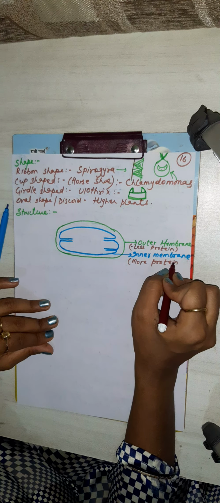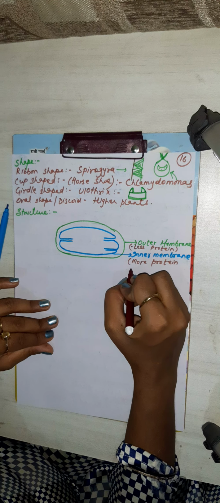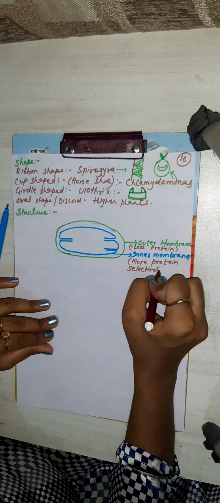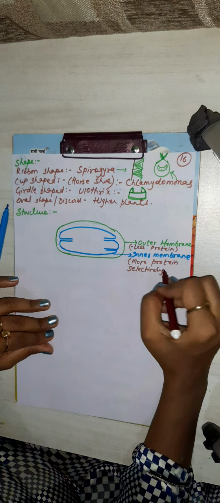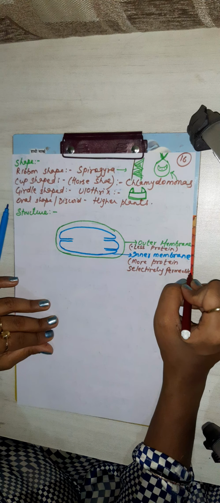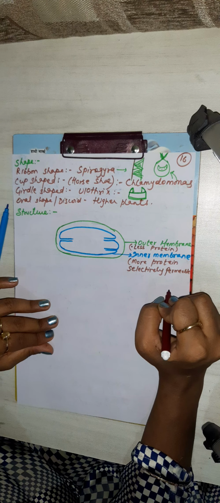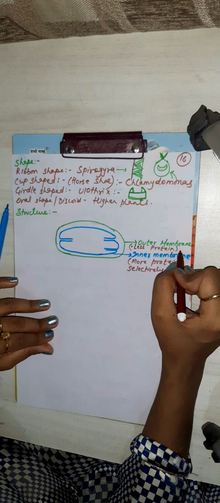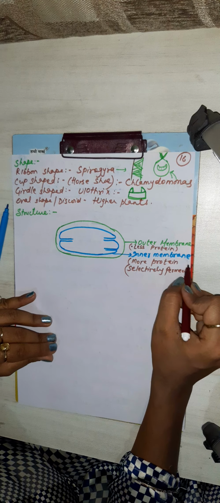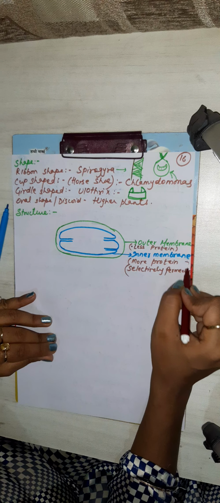Inner में ज़्यादा protein होता है and they are selectively permeable. And what else? This much. Here I have to write permeable. This is about inner membrane.